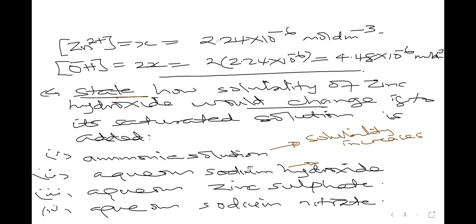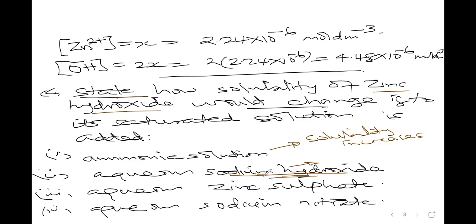What happens when you add sodium hydroxide? Which factor is being investigated by adding sodium hydroxide solution? Remember, this is zinc hydroxide. Complex ion formation. Are you sure this is complex ion formation? We're adding sodium hydroxide to zinc hydroxide.